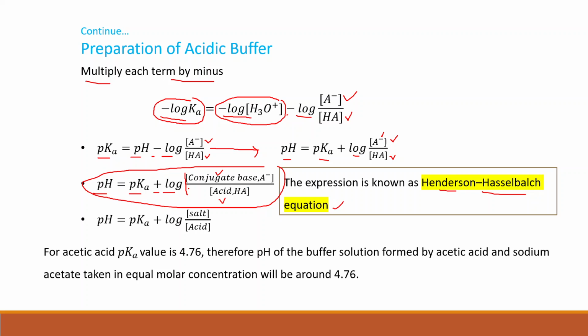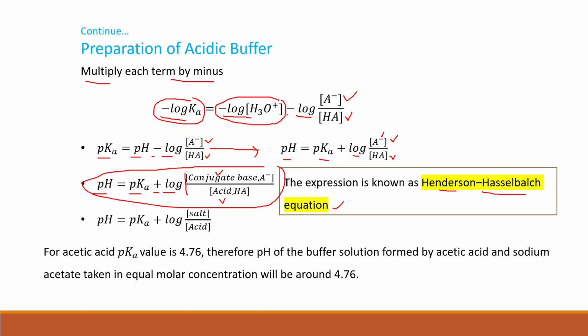Now, in this equation, the conjugate base is mainly due to the salt, because we are taking the weak acid, and weak acid means partially ionized. When we add a salt which has one ion common, due to the common ion effect, the concentration of conjugate base obtained from the weak acid is negligible.